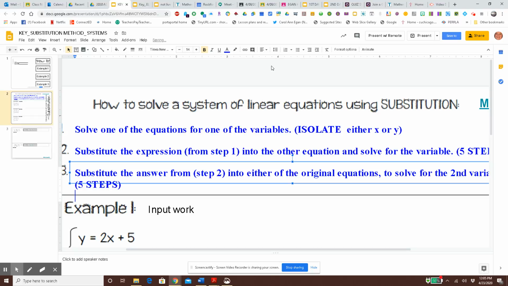We're going to actually start down. We're going to put number 4 too. We're going to say substitute the coordinate point into an original equation to check your work.